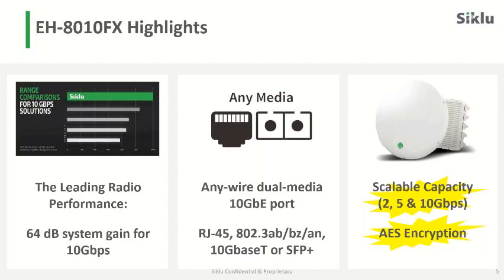There you can select the type of the radios, 8010FX in this case. You can select the capacity and the channel bandwidth that you want to operate the link, the choice of antenna, as I said, the 16 centimeter, 30 or 60 centimeters, and then the location of the link can be Paris, London, or coordinates, and the length.